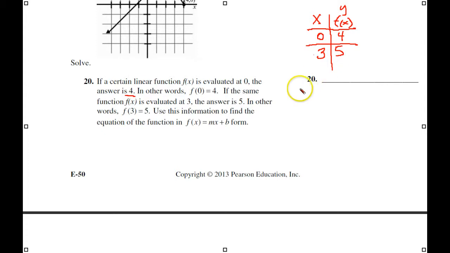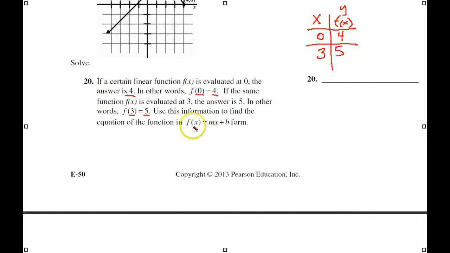Okay, so it's good to read things over and look at them carefully. So here's the key. When x is 0, y is 4. 0, 4. When x is 3, y is 5. 3, 5. So we have actually a relation of two ordered pairs.